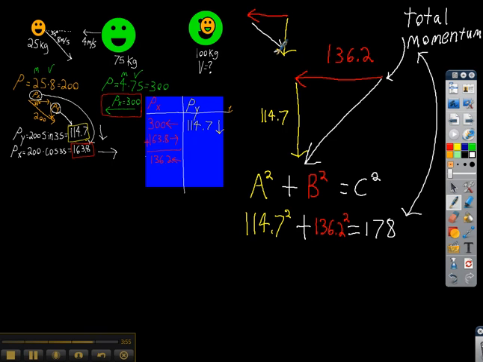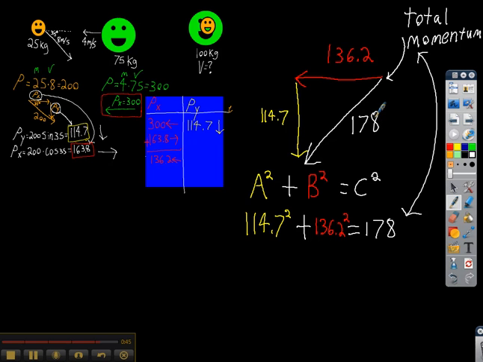You always want it to be head to tail, so where one vector ends, you draw the next one. Be very careful on that. But anyway, then you just fill in the values that you have. Pythagorean theorem to figure out the total momentum, pretty easy stuff. And you get 178 for the total momentum.